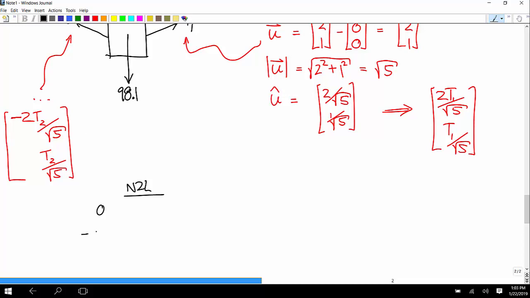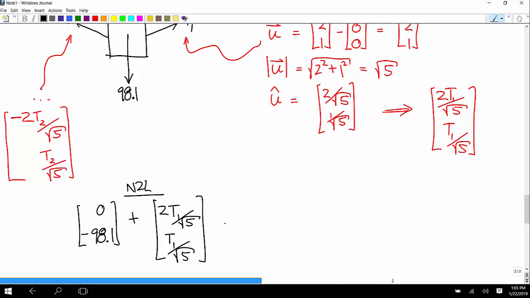So we have (0, negative 98.1), plus (2T1 over root 5, T1 over root 5), plus (negative 2T2 over root 5, T2 over root 5). And this isn't accelerating, it's just hanging there, so that's equal to zero.